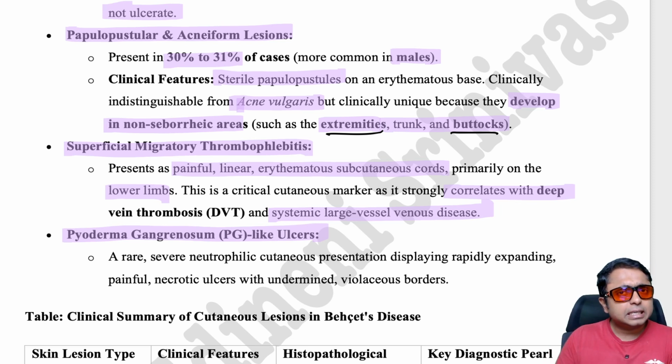So, what is the classical feature of the PG like ulcers? The ulcer is going to be a rapidly progressive, painful ulcer which will have undermined edges and a violaceous border. So, that is a classical point related to the pyoderma gangrenosum like ulcers. Remember, pyoderma gangrenosum is a misnomer because it does not have any infection associated with it, but because the ulcer looks like some infectious process, it was named like this.